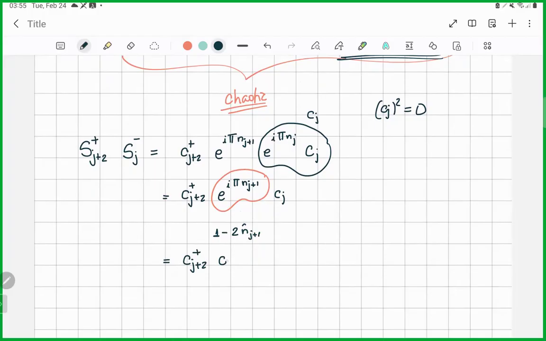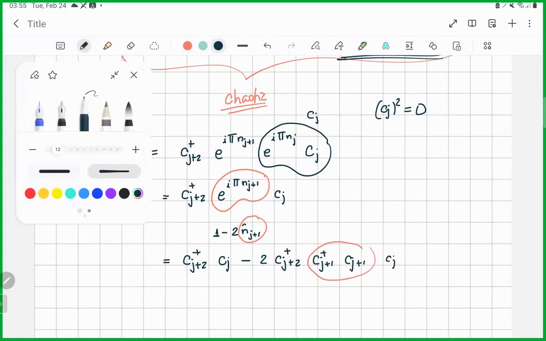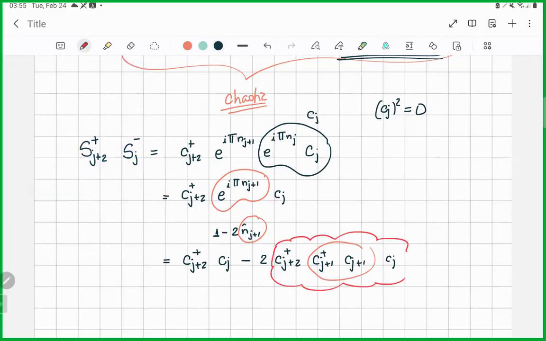So you see that now we'll have this hopping term, yes, but we also have this other term, Cj+1†Cj+1, and Cj. So this is a great term. This term here is quartic. It is a term of interaction.